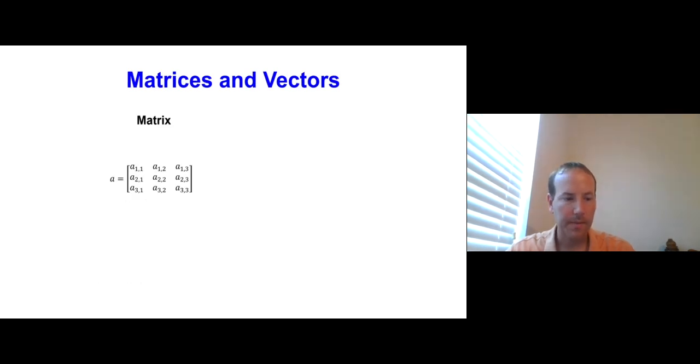So at the very basic, we have a matrix right here that is represented, and a matrix has columns. And it has rows. Here's the first row.